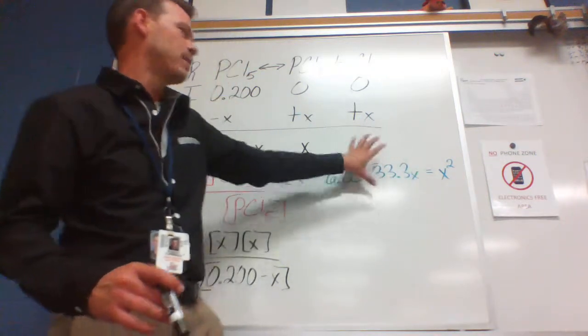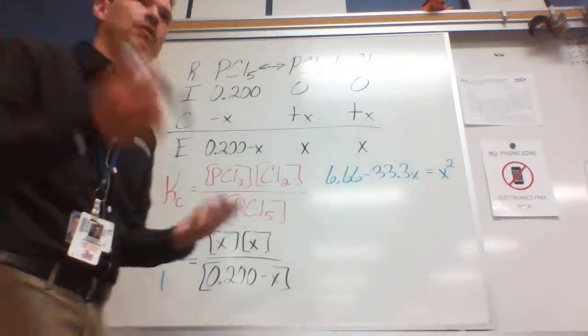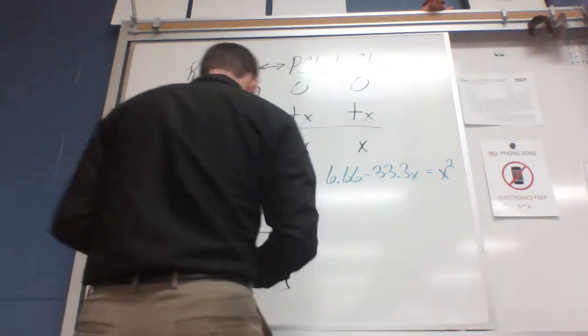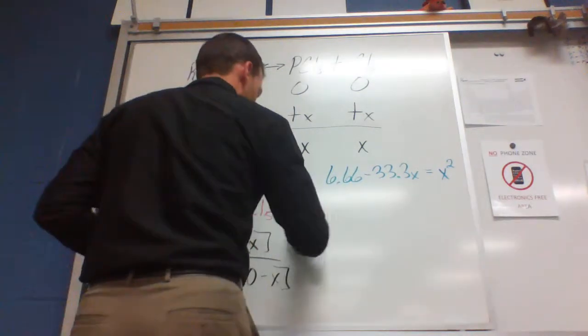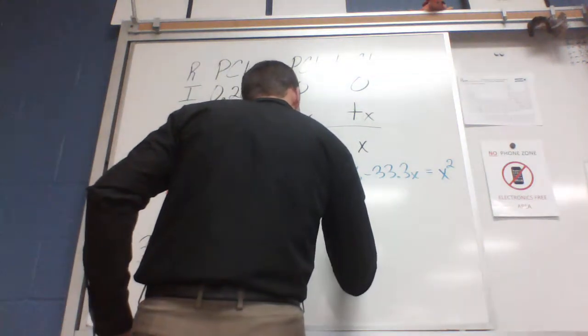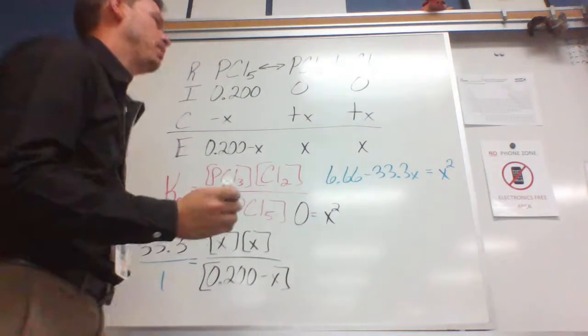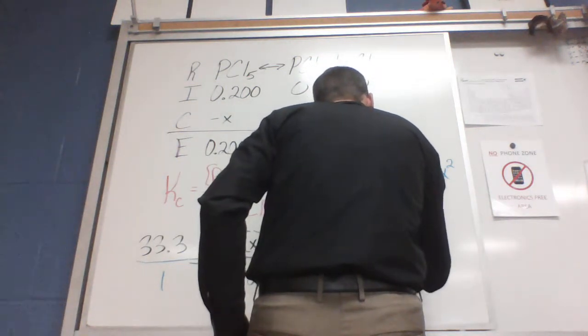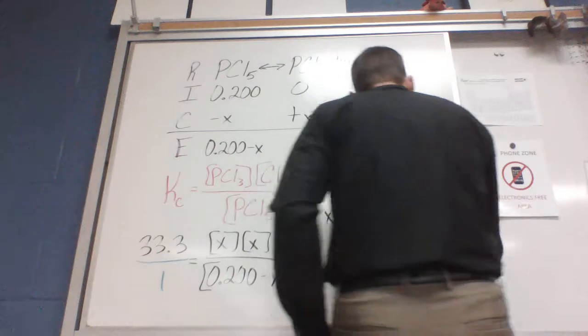So in other words, let's bring the other stuff to him. If you do that and manipulate the variables, you'll end up with 0 equals x squared plus 33.3x minus 6.66.